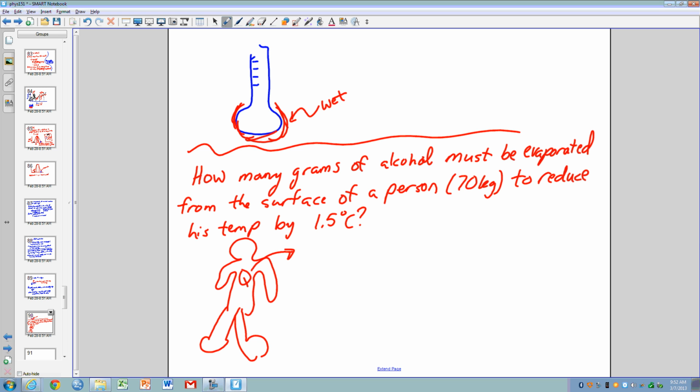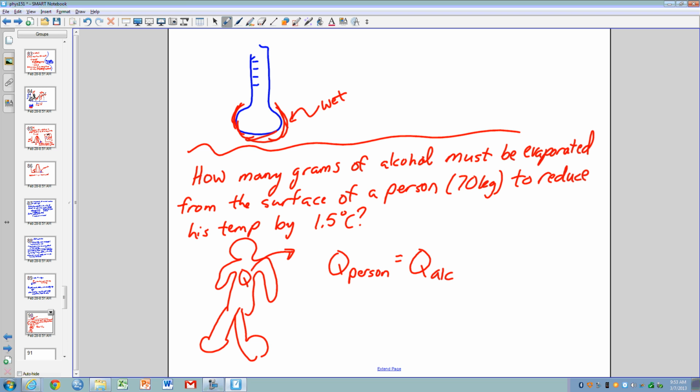So I'm going to call that the Q person. That energy is going to be taken away by the alcohol. When you put the alcohol on his body, it'll evaporate, and it'll take away that heat, which I've called Q sub person.